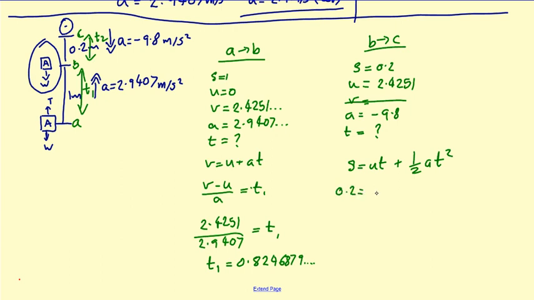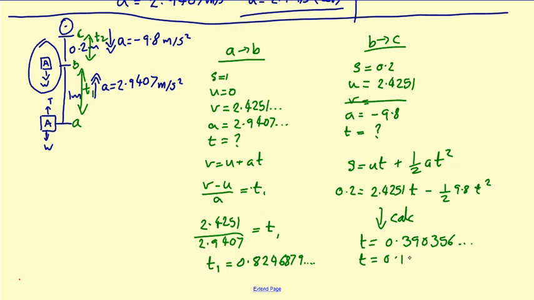0.2 equals 2.4251 t minus a half times 9.8 t squared. And we can type this into our calculator to solve for us, and we're going to get t equals 0.390356 was my calculator, and t equals 0.18456.